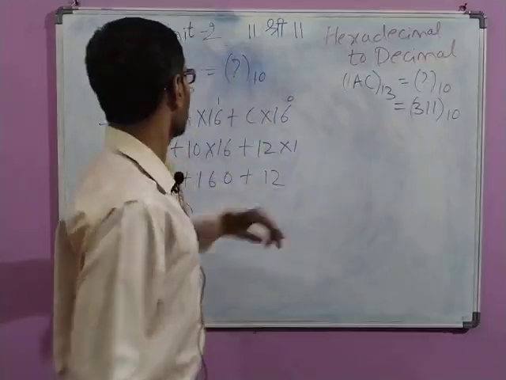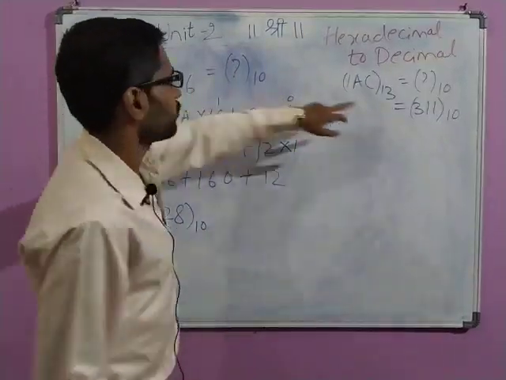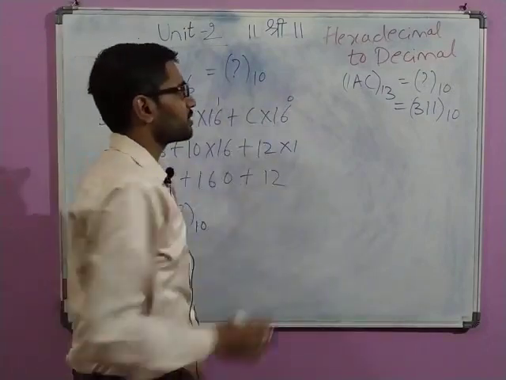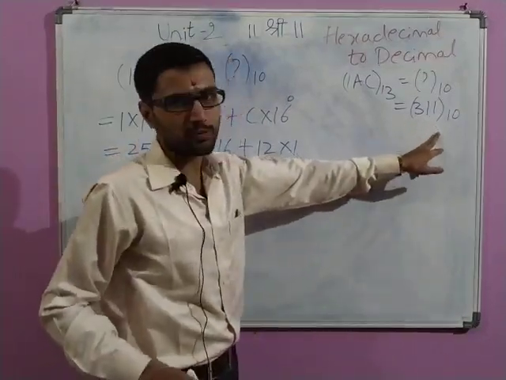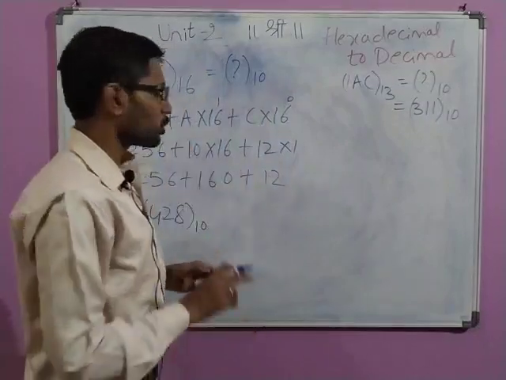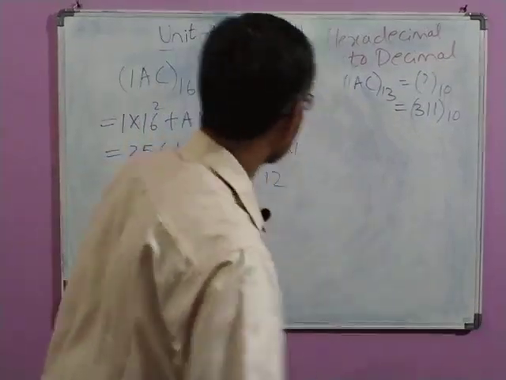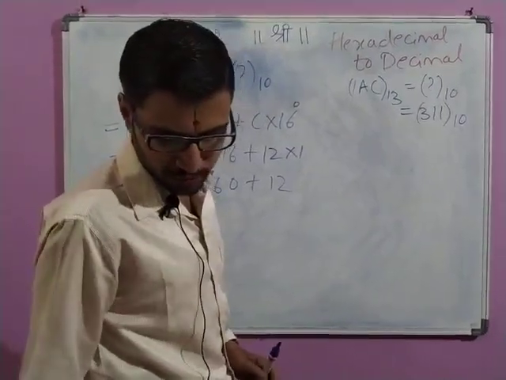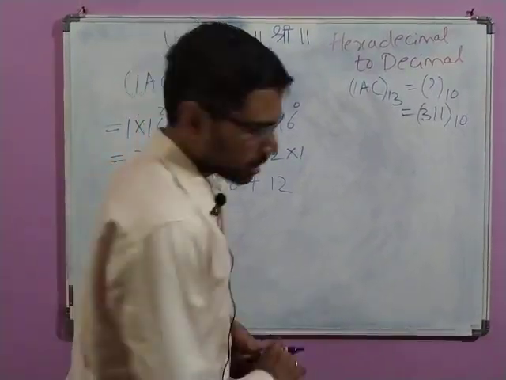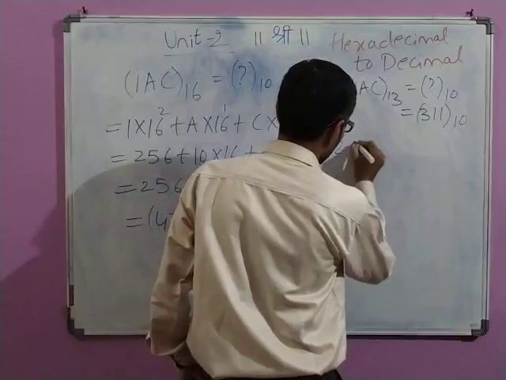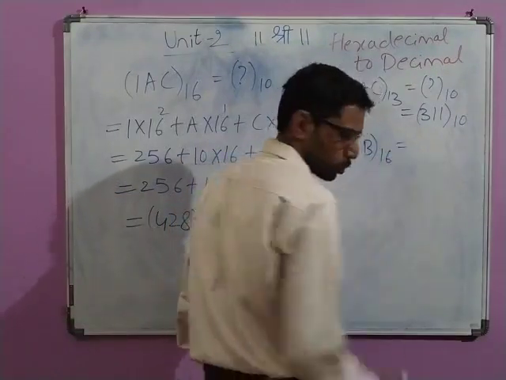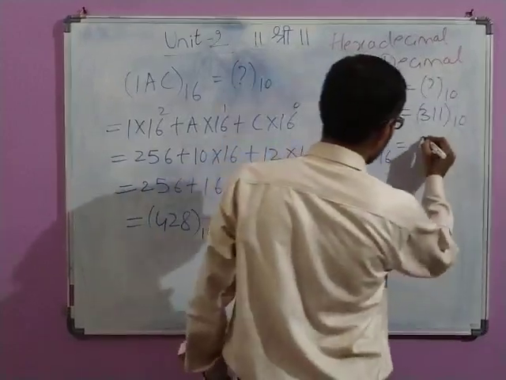Now if you observe, the bases are different but the digits are the same. Because the base has changed, the value is also affected. This is a very important observation. You need to make it out. So let's take one more example of this. We'll take 2AB to the base 16, question mark to the base 10.